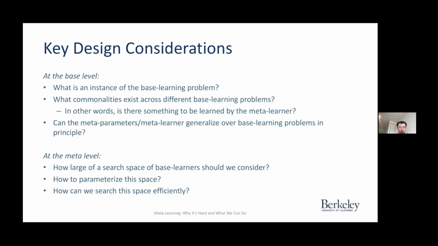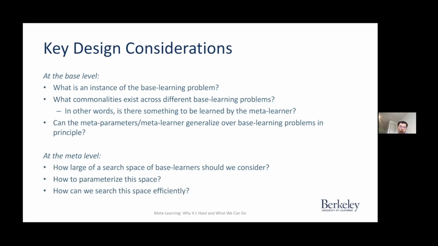Is there a natural way to do it? And if so, is it possible to both capture what you want to learn at the meta level, so you want it to be complete, the ideal setting of the meta parameters that you actually want to learn, and also not make it so big such that search becomes intractable?